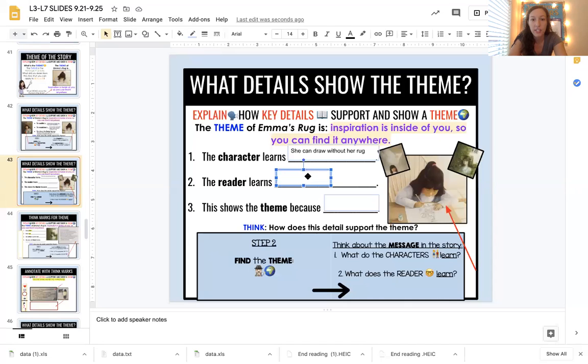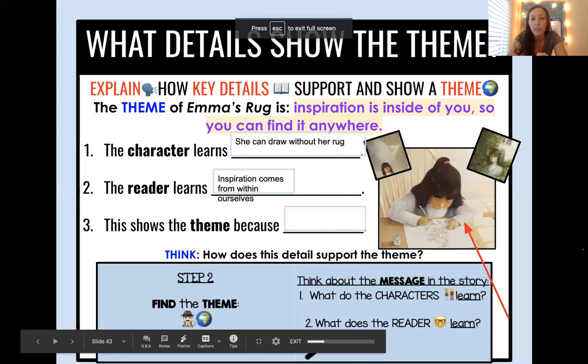So I'm going to finish this sentence right here. The reader learns inspiration comes from within ourselves. Awesome. And so now that we have what the character learns and what the reader learns, the character learns that she can draw without her rug.